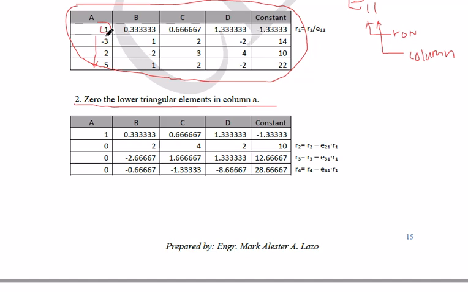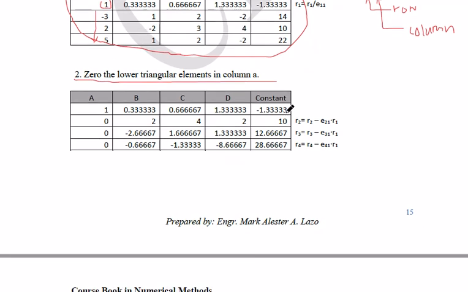If this is negative 3, if you subtract it to 3, it will be 0. If this is 2, you have to subtract it to 2, it will be 0. This is 5, if you subtract it to 5, it will be 0. So that is one purpose of making this element as 1.